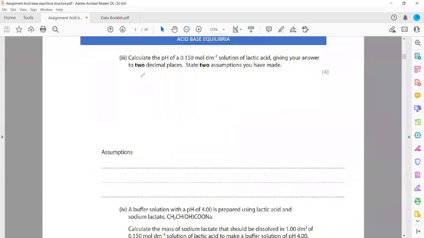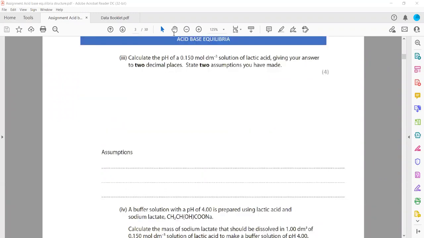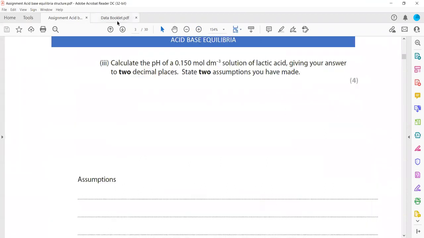The value of Ka is already given at the beginning of the question, 1.38 × 10^-4, and we use the expression for Ka, which is the product divided by the reactant.